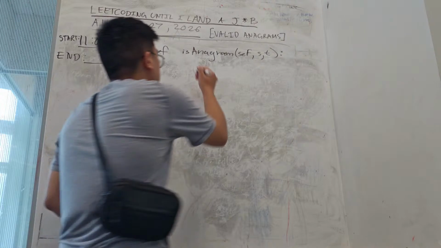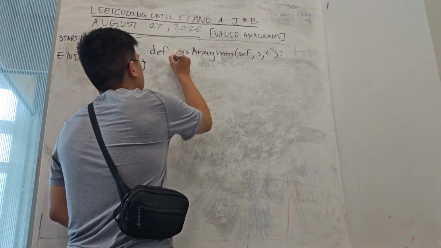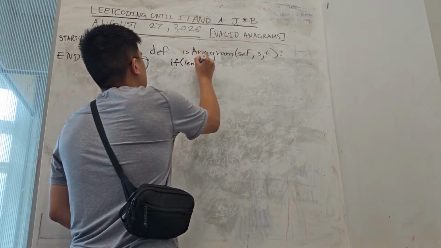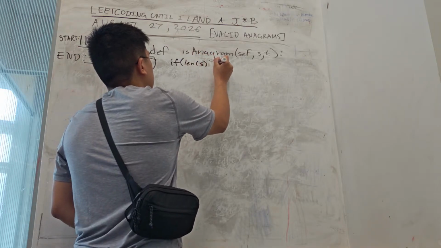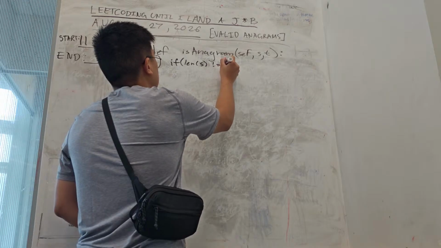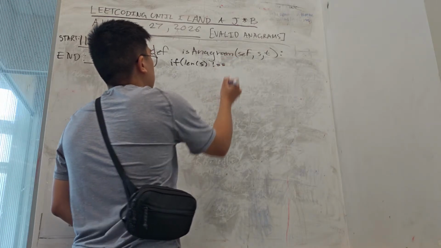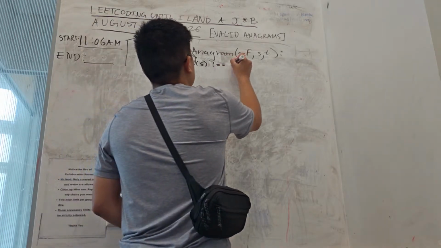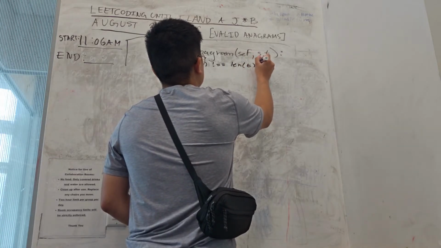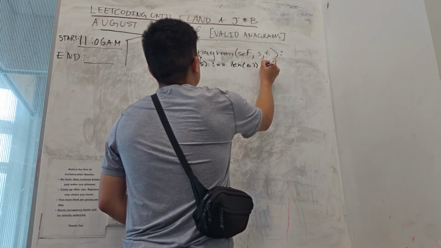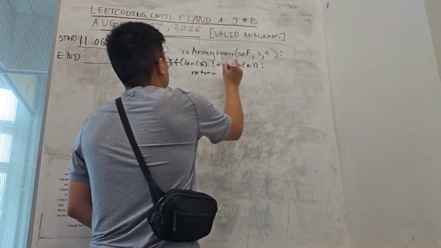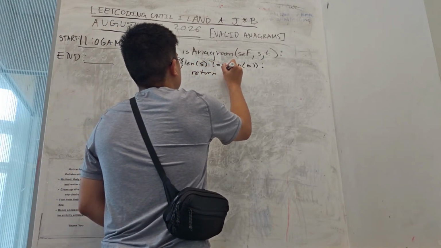Quick check is just going to be like this. Let's just say if the length of S is not equal to the length of T, return false.